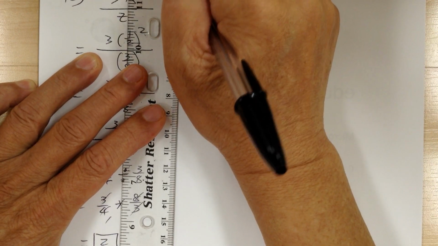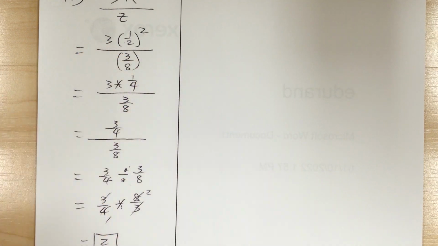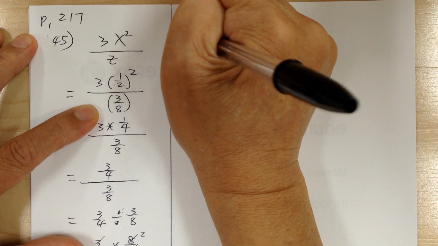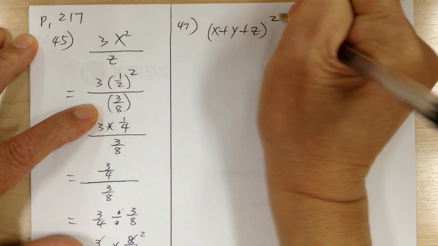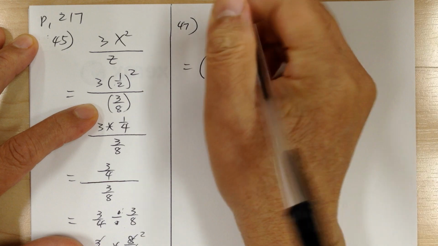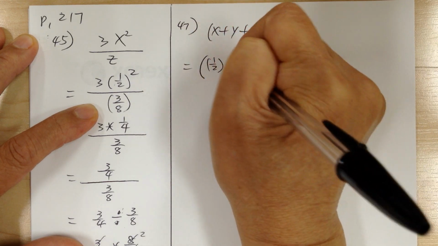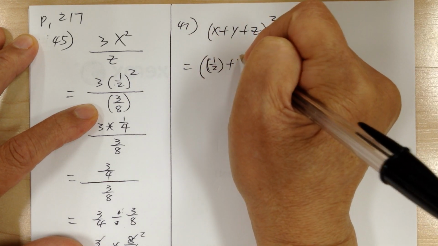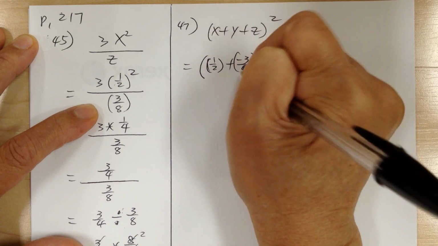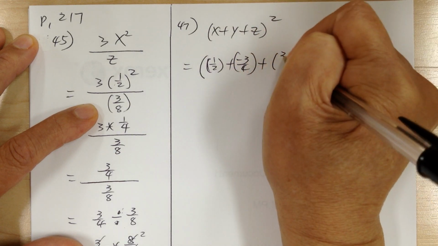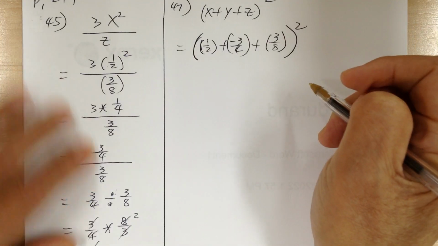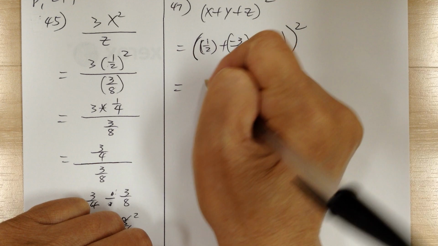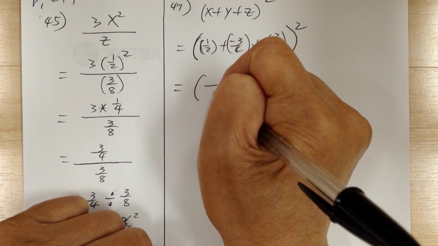Okay, let's go to the next one. 47. You have x plus y plus z, squared. So x is 1/2, plus y is -3/4, plus z is 3/8. This one we have to get into a common denominator.